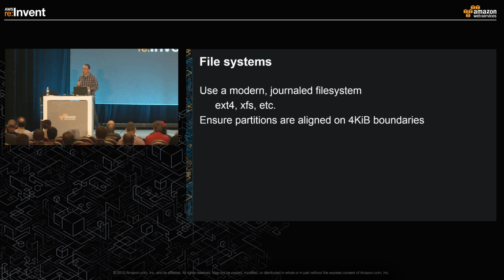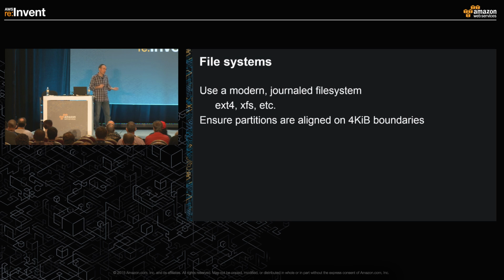Now, while there is no need to partition your volumes, just create them and attach them, if your application requires it or your operating system requires it, ensure that they're aligned on 4K boundaries. Now, SSDs are 4K page aligned.